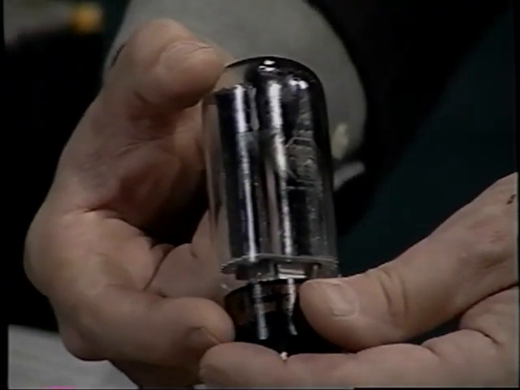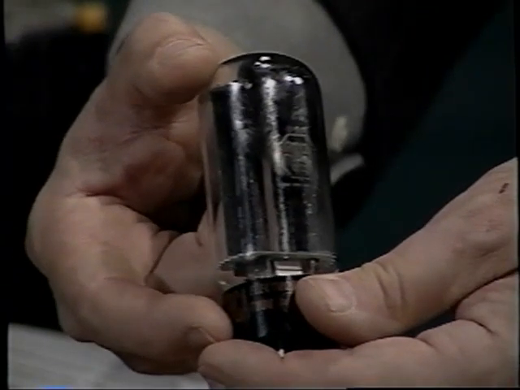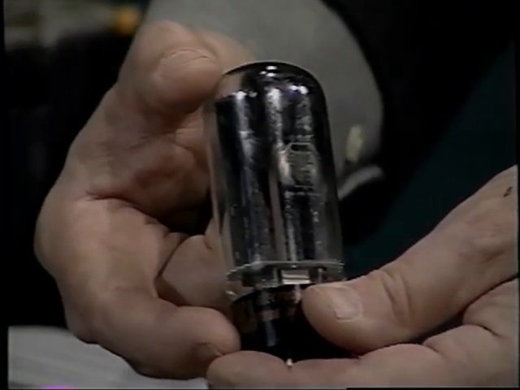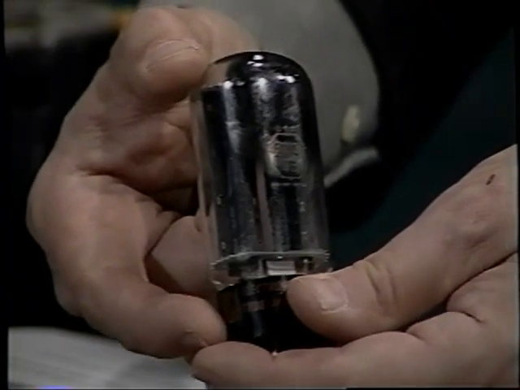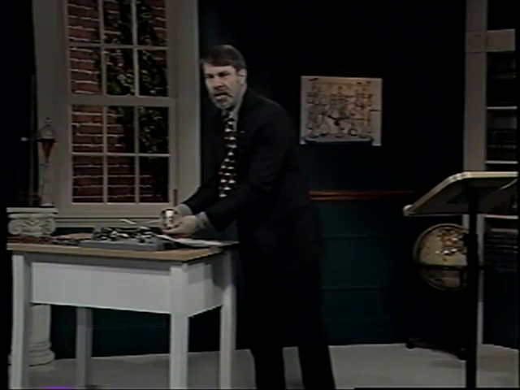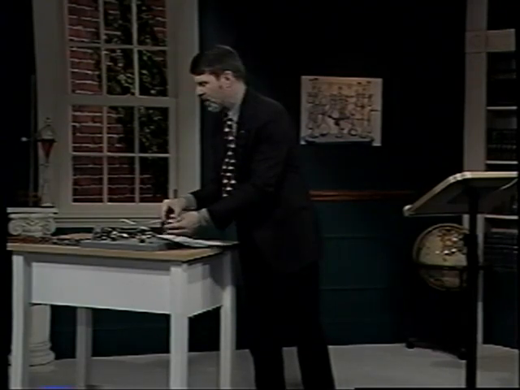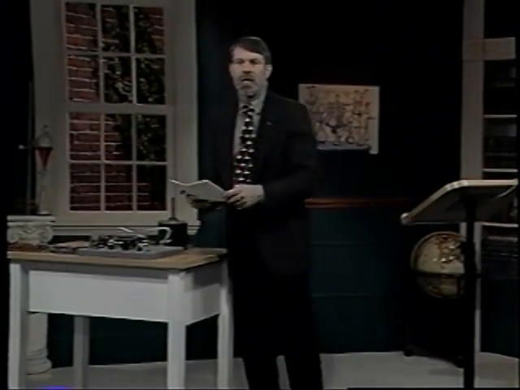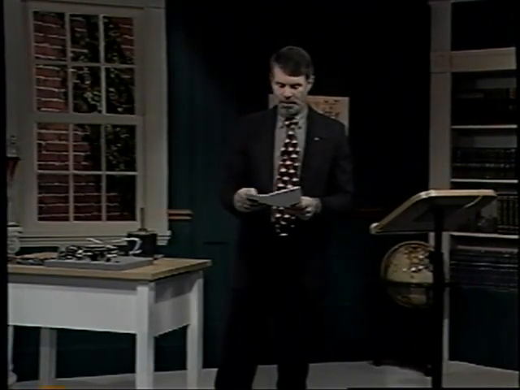The filament is the negative side, and the other end, the cathode, is the positive side. And by boiling electrons off the filament, you can actually get the electrons to go from the negative side to the positive side. But these are large objects, they're hot objects, they take up a lot of space, and there's no way you could have, for example, a transistor radio that you carry along with you with a diode made of a glass tube.